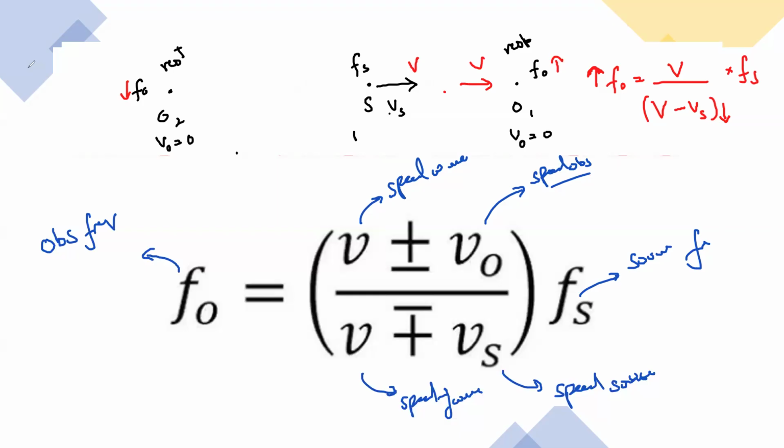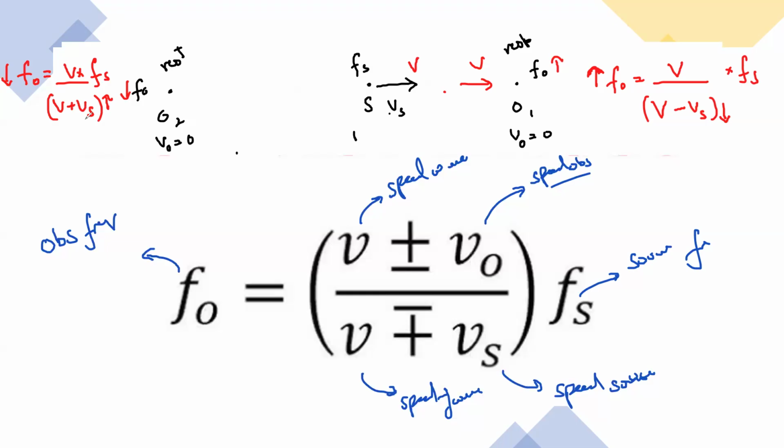Same thing for the second observer. What will happen? F naught is smaller. So if F naught is smaller, this denominator should be a higher value. So in that case, it will be V plus Vs, meaning in the denominator we add the speed of the source as the observed frequency is smaller.